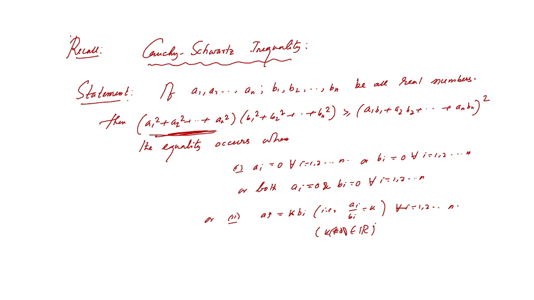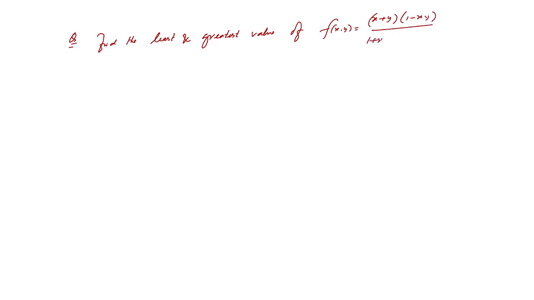The problem is to find the least and greatest value of the function f(x,y) equals (x plus y) multiplied by (1 minus xy) by (1 plus x square) multiplied by (1 plus y square).